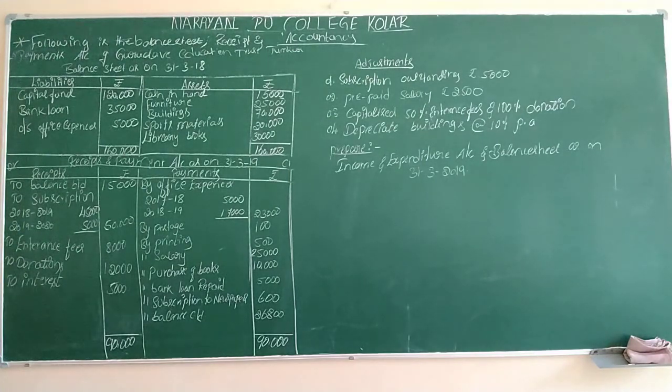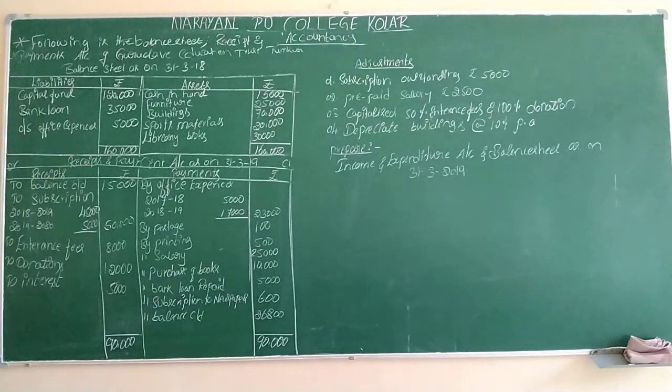Library books 30,000. Total of the balance sheet is 1,60,000. They have also given the receipts and payments account as on 31st March 2019. So 2019 is the present year, 2018 is the past year.